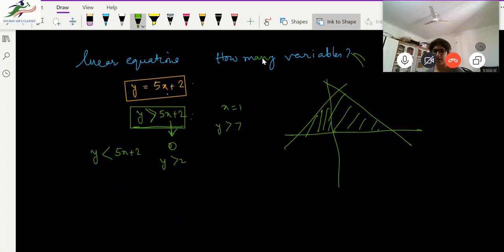So when you are dealing with such problems, never get confused. Just look at the equation. If you're looking for less than the value, then just put x equal to 0, see what value of y you get, and just take the values that are less than that. That's it.